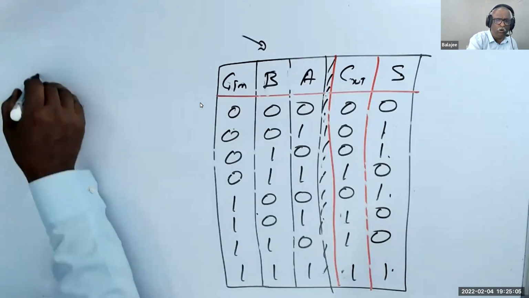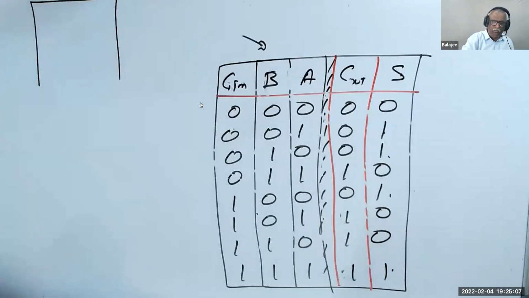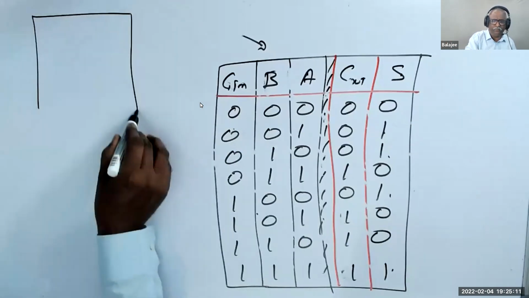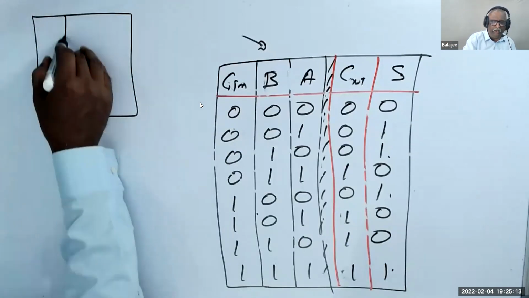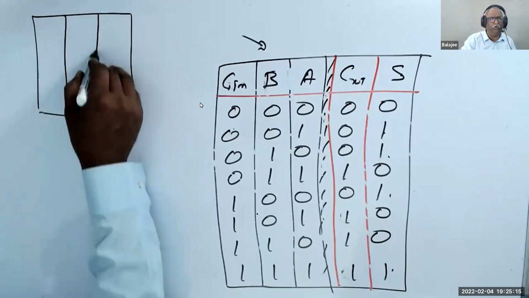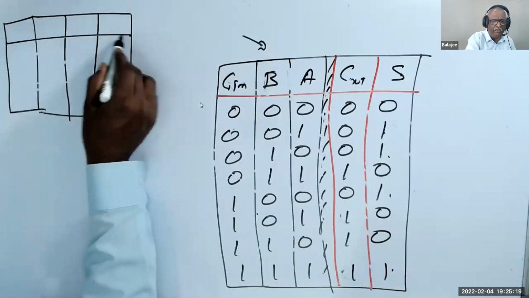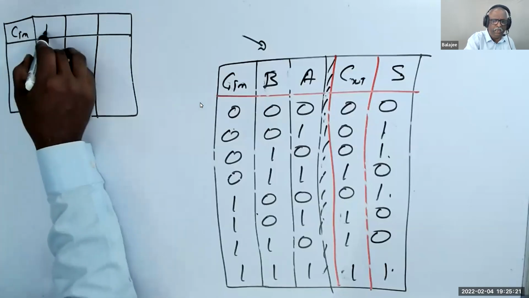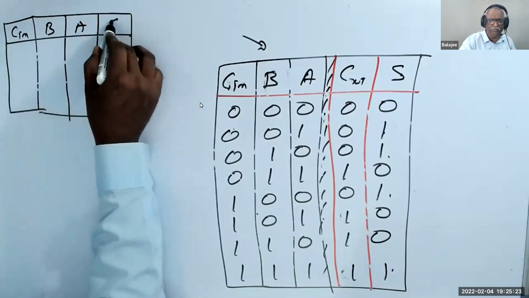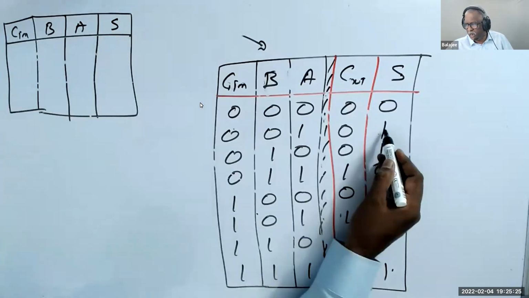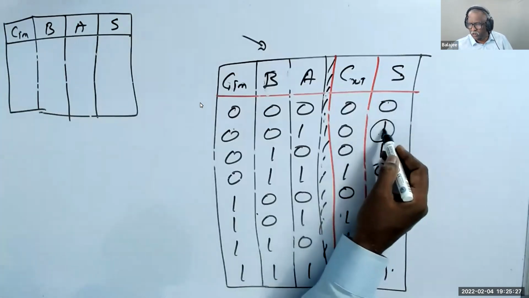So I'll put a table now. See here, I draw a table. This method looks very difficult for you initially, but it becomes very easy once you practice. I have C in, B, A, and sum, where sum is 1. I'm not bothering about 0, only about 1. 0, 1, 1.